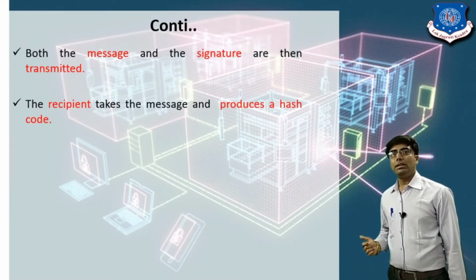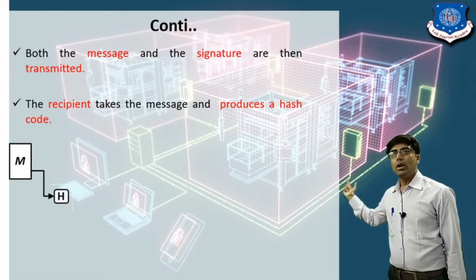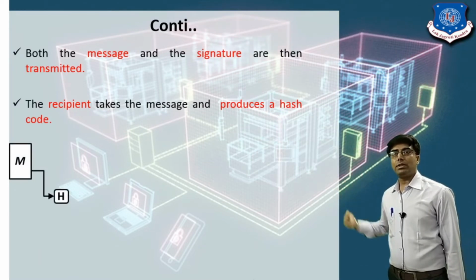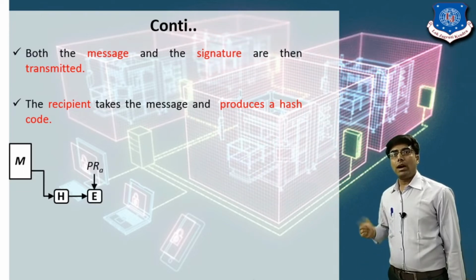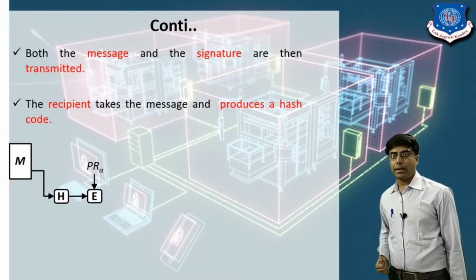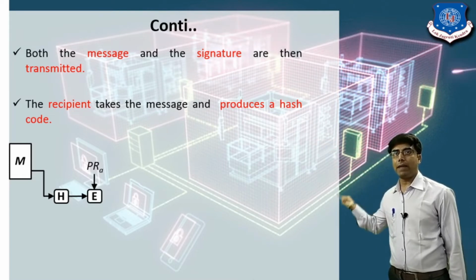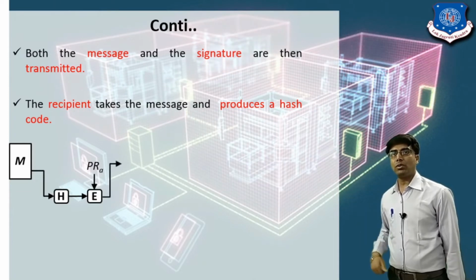Now let's see this figure. First we consider our plain text message. Applying the hash function on the plain text message generates a hash code. Now we apply encryption along with the private key of user A. PRA represents the private key of user A. So we apply the encryption along with the private key of A on the hash code.